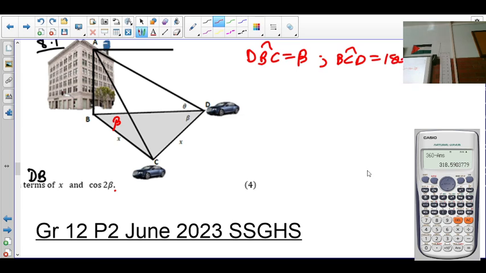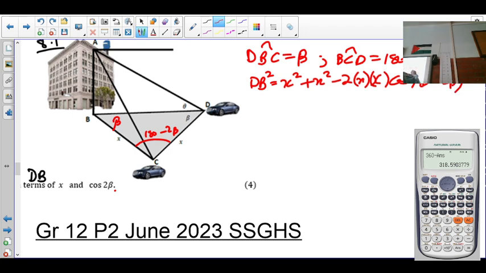So the cos rule: BD squared is equal to x squared plus x squared minus 2 times x times x times cos of 180 minus 2 beta. So BD squared is equal to 2x squared minus 2x squared times cos of 180 minus 2 beta. Now cos of 180 minus an angle is in the second quadrant, where cos is negative, changing this negative to a positive cos 2 beta.